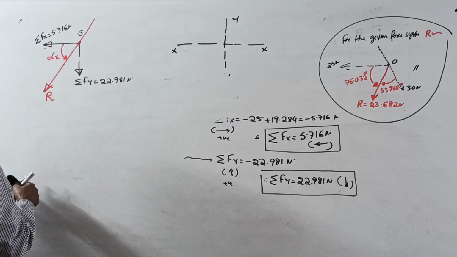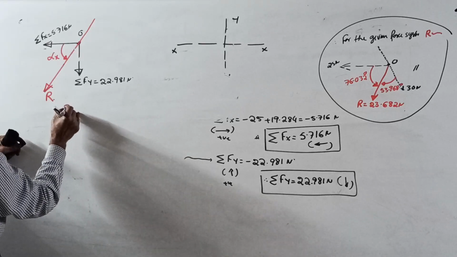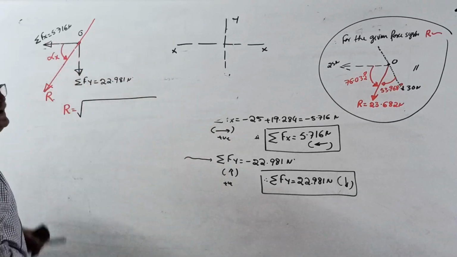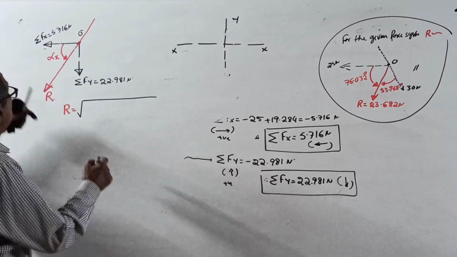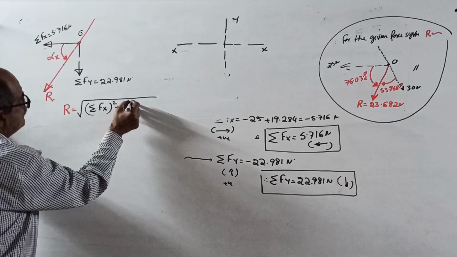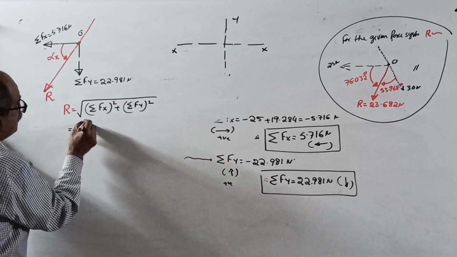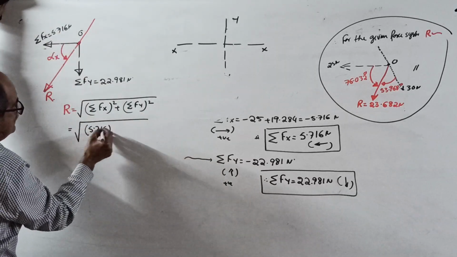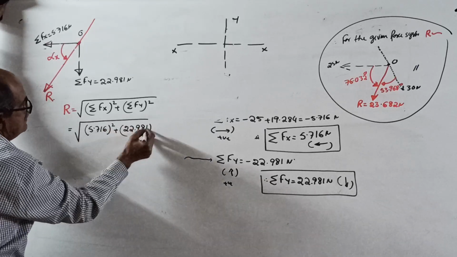Then we know that the resultant magnitude R is equal to the square root of this. I told you yesterday in the last class, when the angle is 90 degrees between them, P1 square plus P2 square equals sigma Fx square plus sigma Fy square equals, no plus minus, 5.716 square plus 22.981 square.